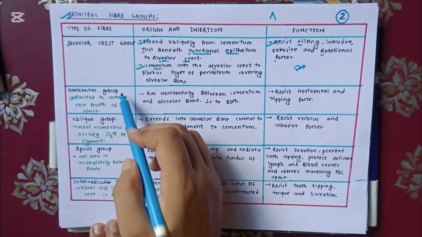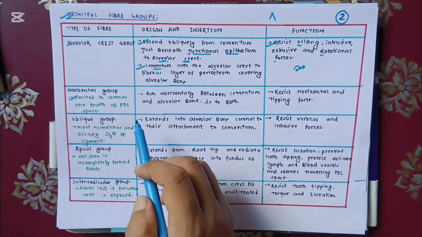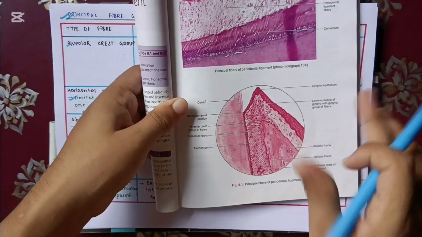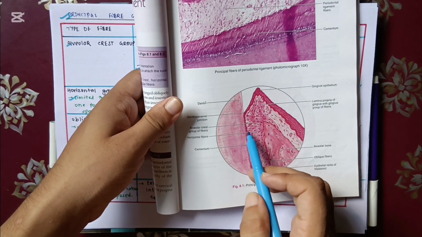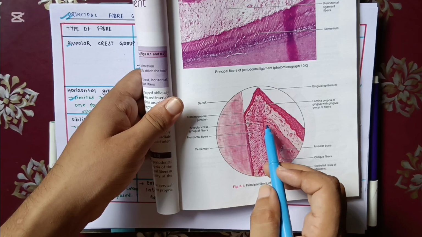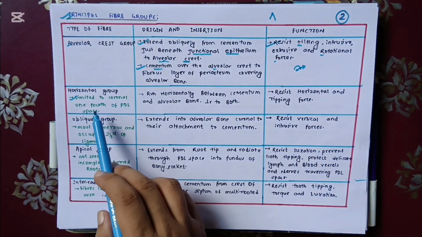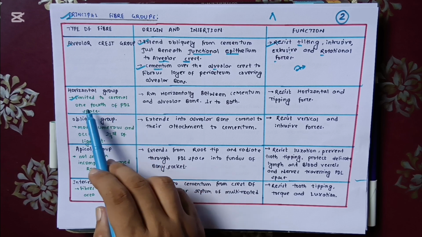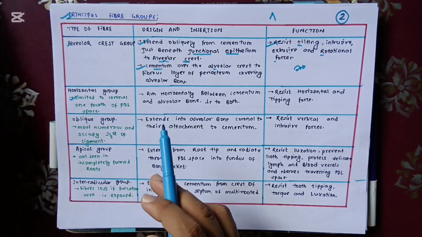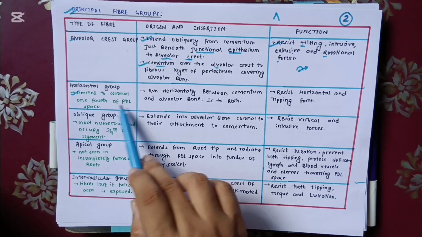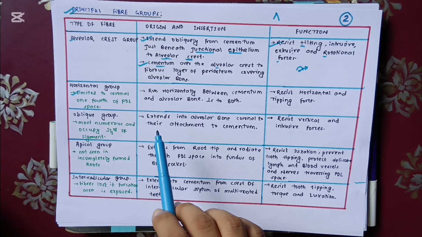Horizontal group of fiber, I will show you this. Horizontal group of fiber means they are just horizontal, extending from the cementum of the tooth to the alveolar bone. So this is the horizontal group of fiber. They are limited to the coronal 1/4 of the PDL space, so the coronal PDL space is covered by this horizontal group.